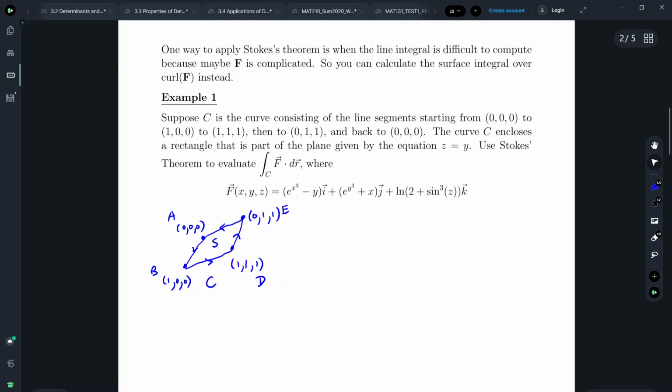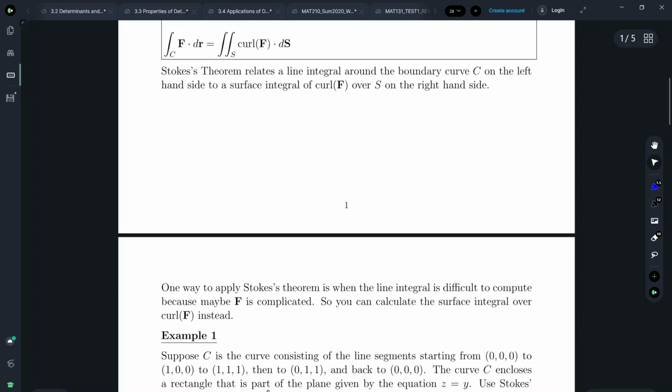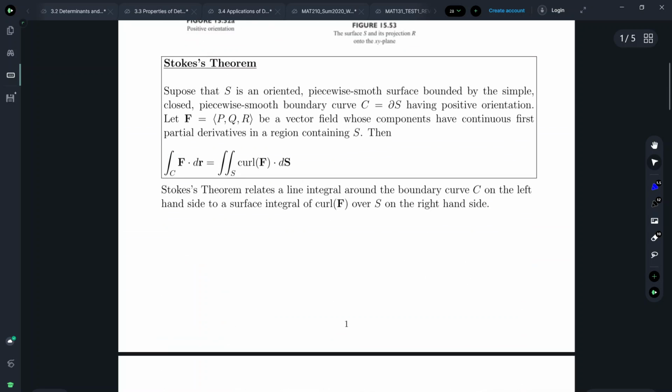So to calculate the line integral, you would have to separate it into the 4 pieces here. So what we're going to do instead is to set up Stokes' theorem, where instead of calculating this line integral, we calculate this surface integral instead.